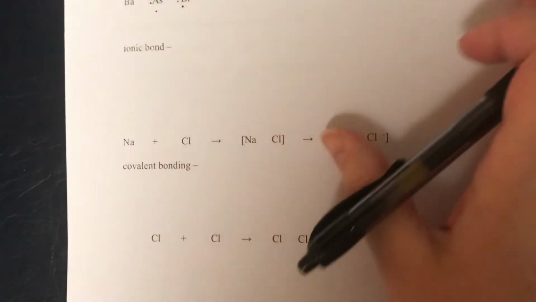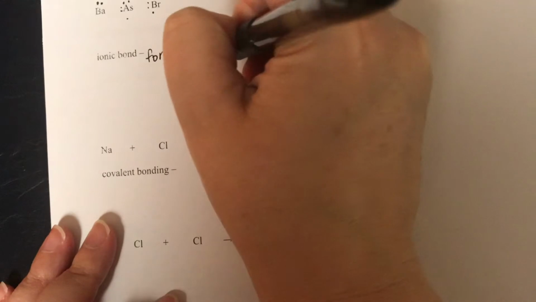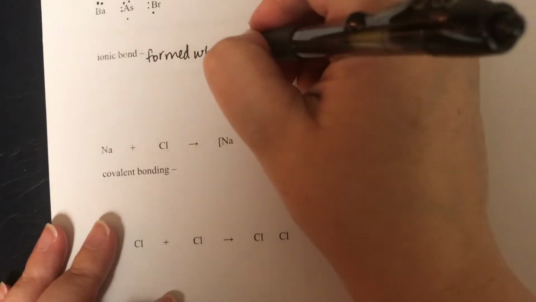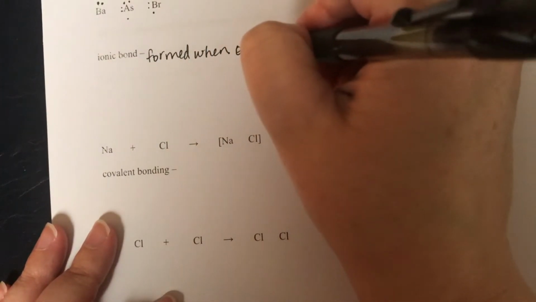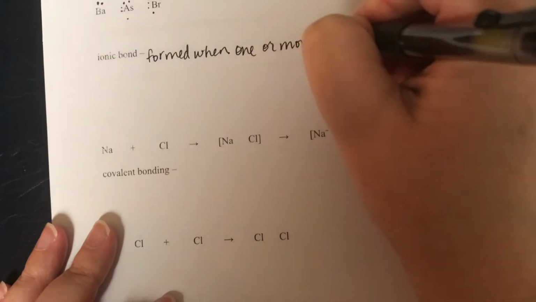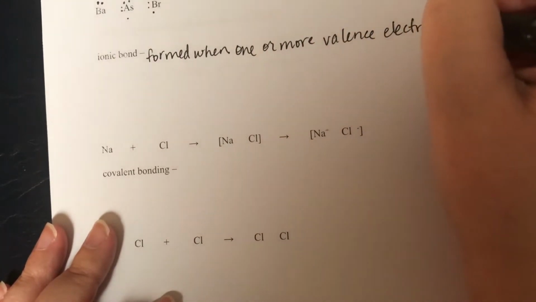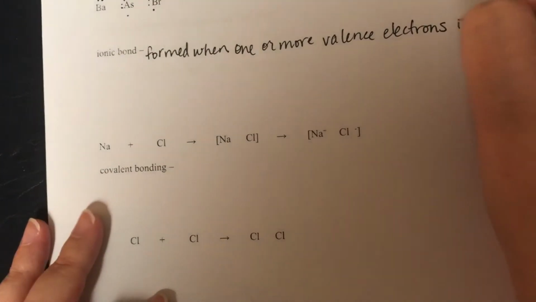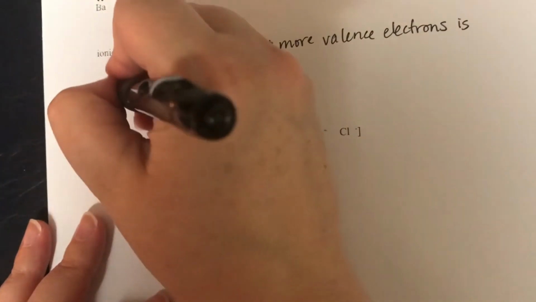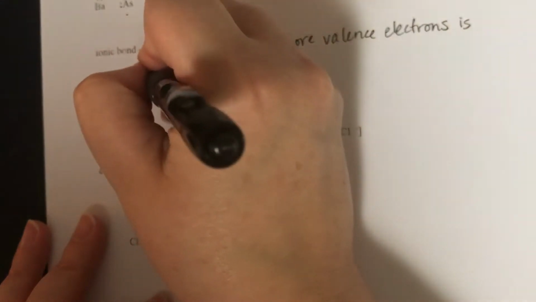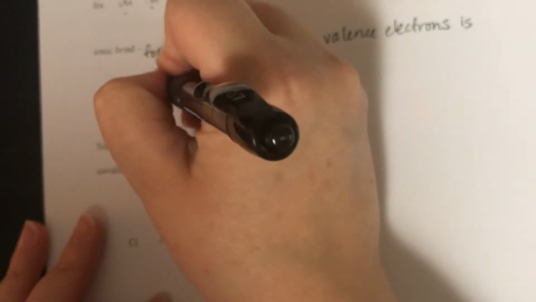So ionic bonds, we've talked about before, are formed when one or more valence electrons is transferred from one atom to another. Or is it are transferred when it's one or more?